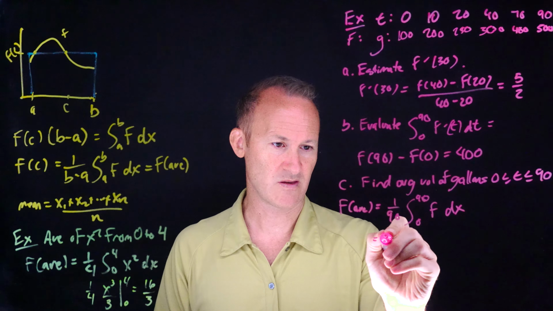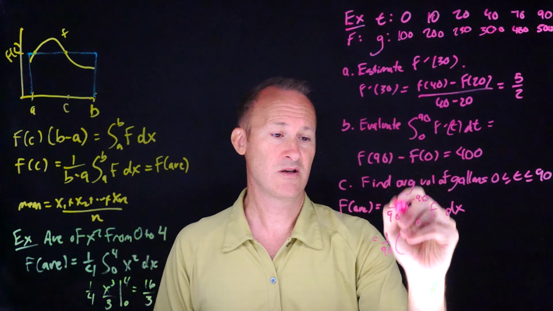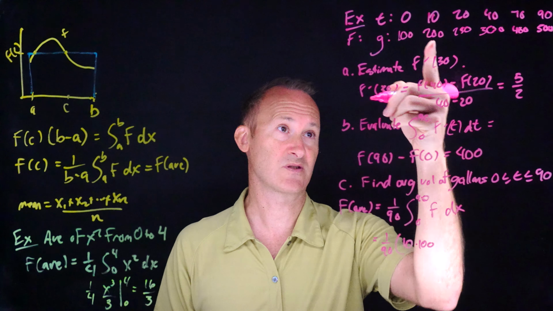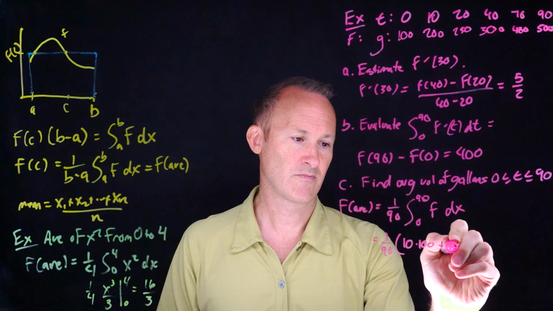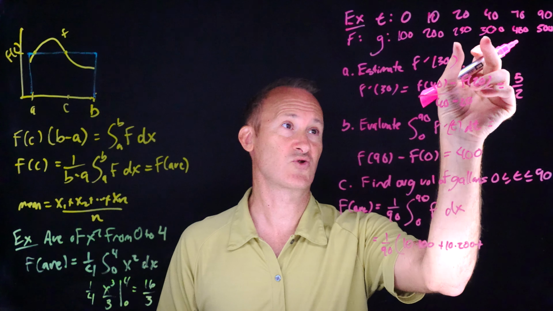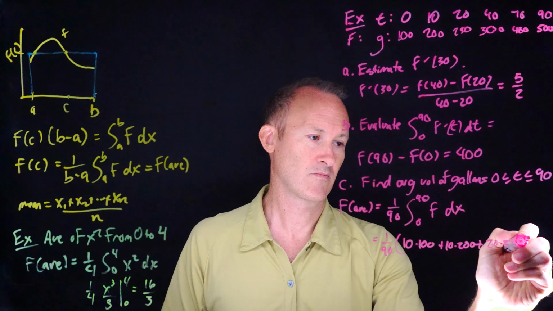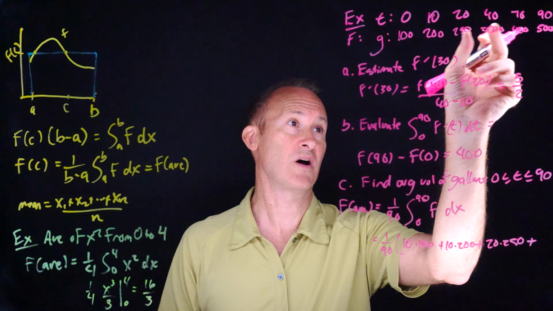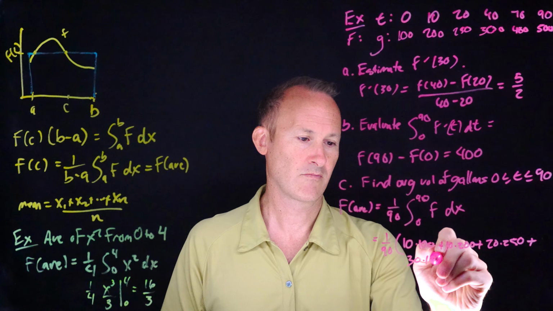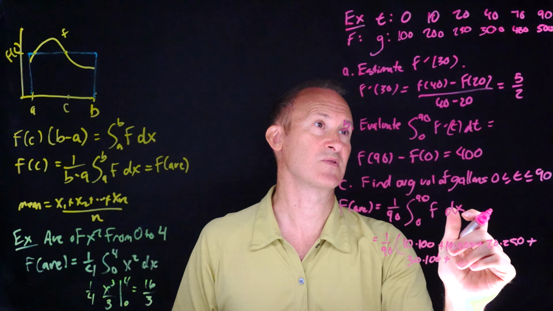So we keep the 1 over 90, and then we're going to have a bunch of multiplications. This will be 10 times 100, because we keep taking the left values. Now it's 10 times 200, plus the next one, 20 times 250, plus now we've got 30 times 100, plus, I think I'm on the last one here, 20 times 400.